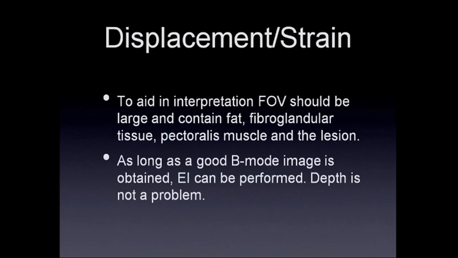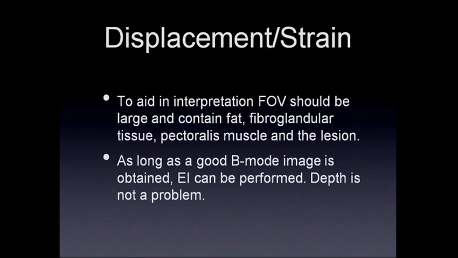If you have a cancer, the cancer will be the hardest in the lesion, and again, fat will show up as white, fibroglandular tissue will show up as gray, and the cancer will show up as black. If you don't include pectoralis muscle, you can get a situation where the fibroglandular tissue will look very black, and you may misinterpret that as being a cancer.